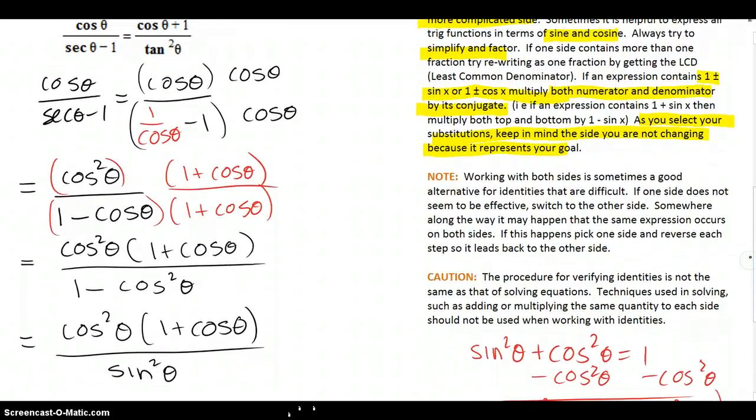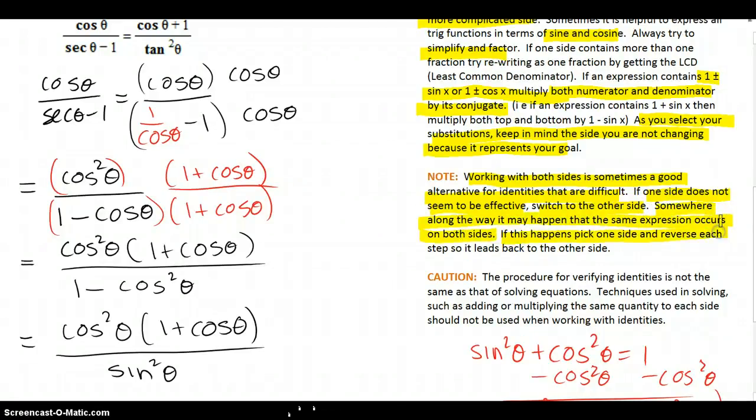This is where sometimes I'm going to talk about the note. Working with both sides is sometimes a good alternative. I'm not going to do it here, but when identities are difficult, if one side does not seem effective, switch to the other side. So say you're stuck here and you cannot get to that. You can switch to the other side, and somewhere along the way you may have the same expression on both sides.